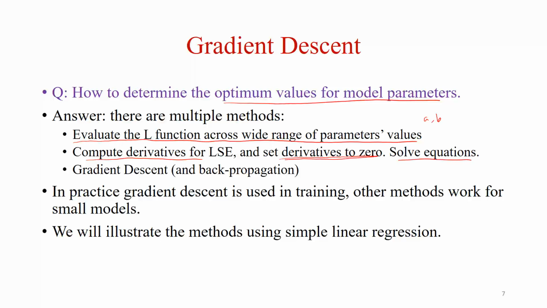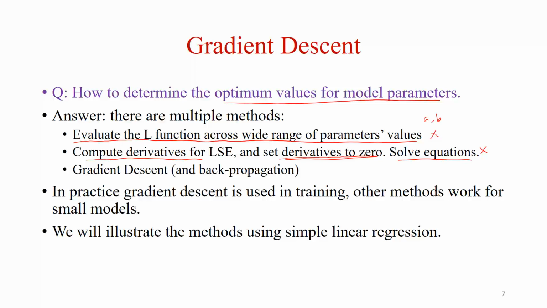Again, we will see that this is not practical. Both of these methods are used whenever your model is simple, with 1 or 2 parameters. But if you have models with thousands of parameters, these 2 methods are completely not practical.